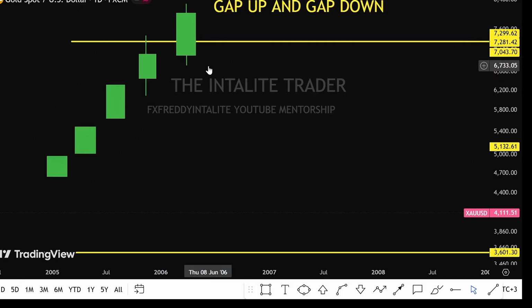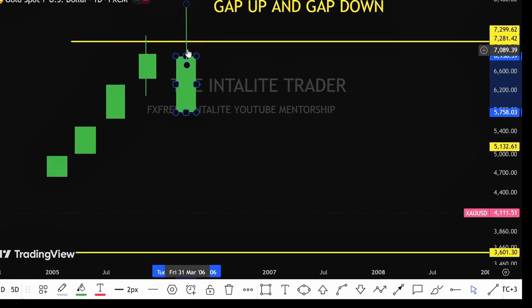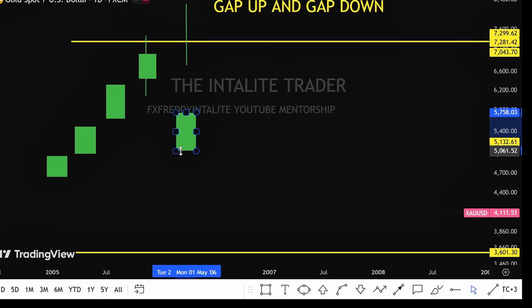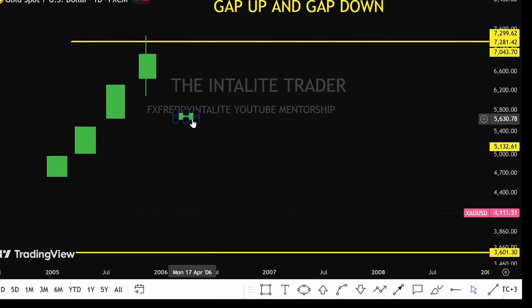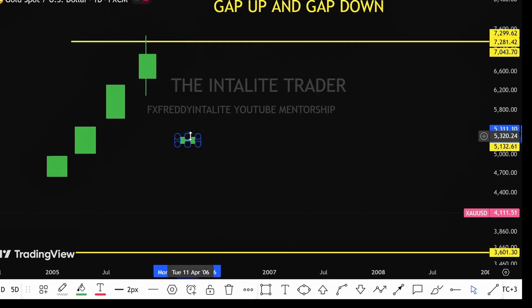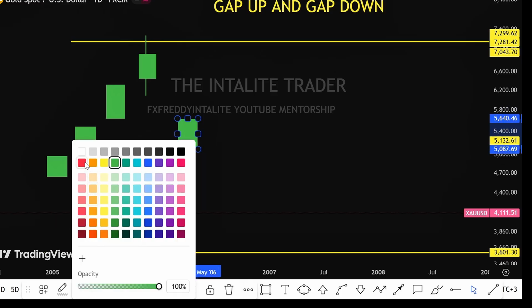But then this candle doesn't do this. Instead, what it does is this. This candle opens from somewhere down. Instead of opening from there, price opens from down here and continues to trade lower.